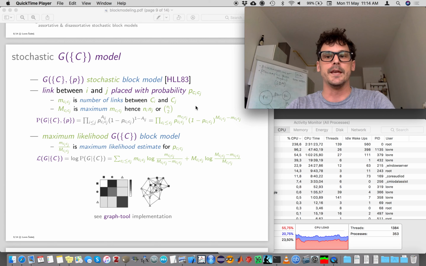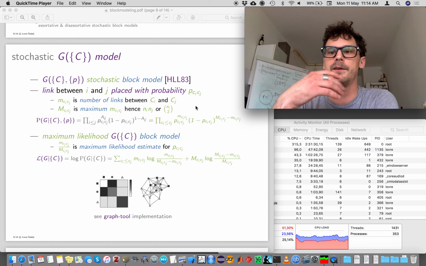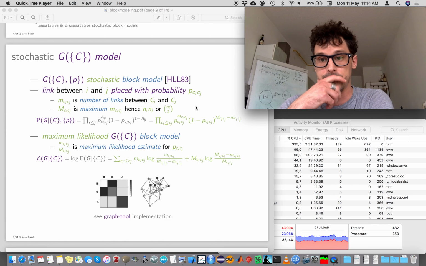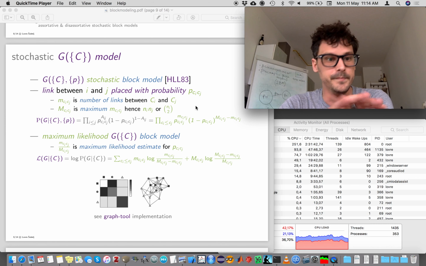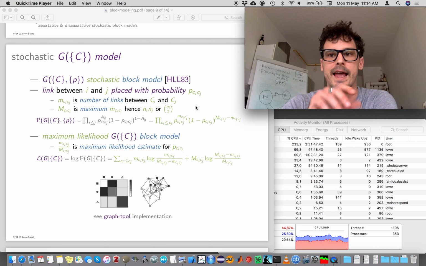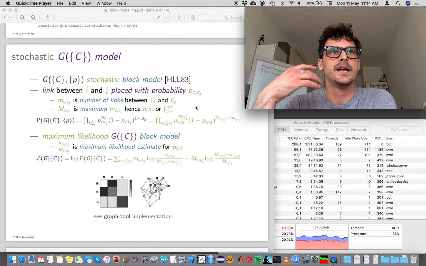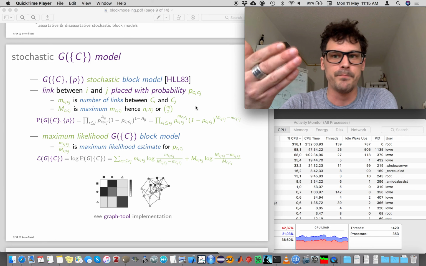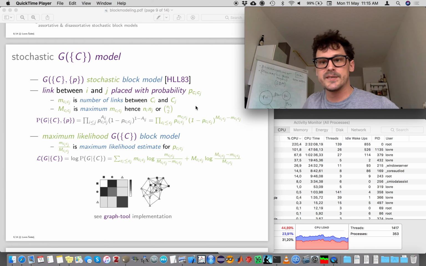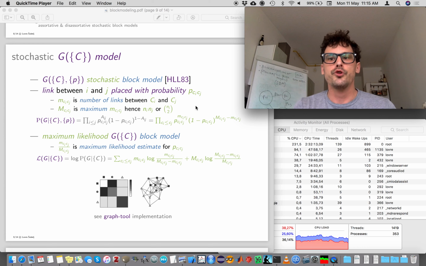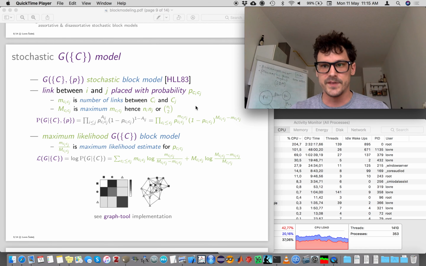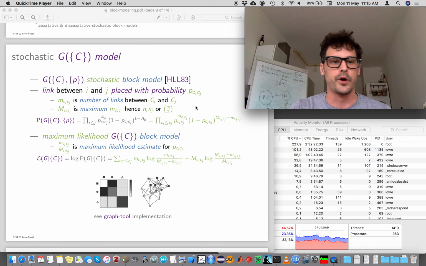Now, imagine that you are given one particular graph, these clusters, and probabilities P. What is the probability that under the model with these groups and these probabilities P, you will actually observe the graph that you are looking at?